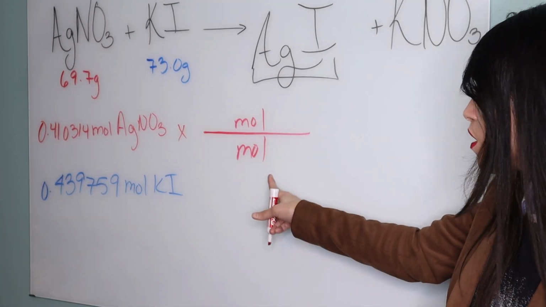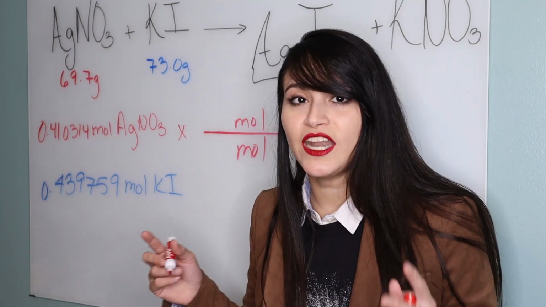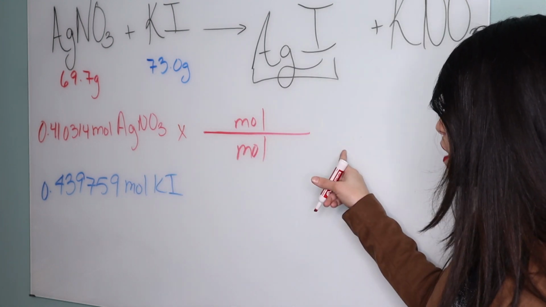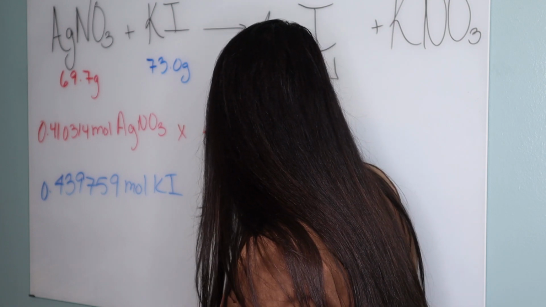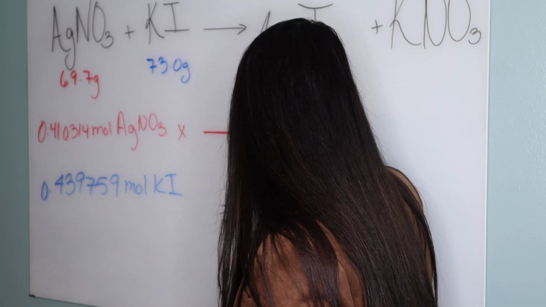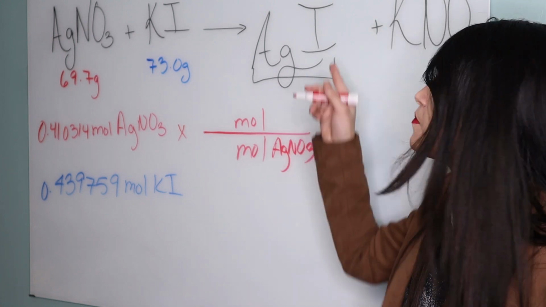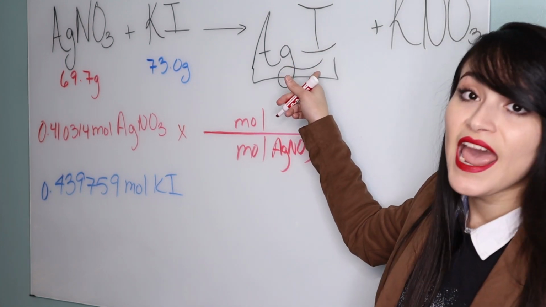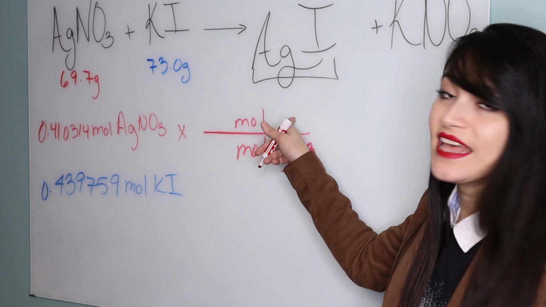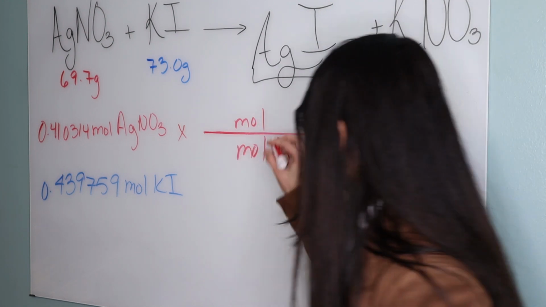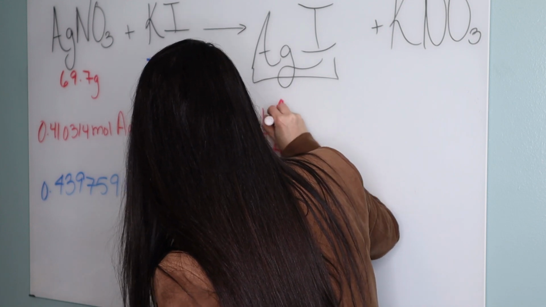We have mole over mole, and we're trying to get rid of the reactant, so that's going to go at the bottom of the fraction, silver nitrate. And what we want to come out with, which in this case is silver iodide, is going to go at the top of the fraction. So we want moles of silver iodide, and therefore I'm going to write it over here.